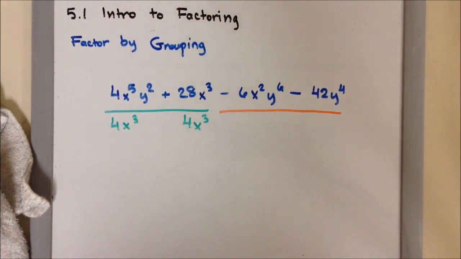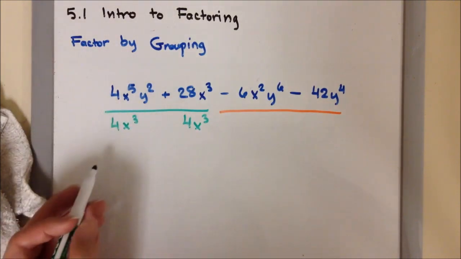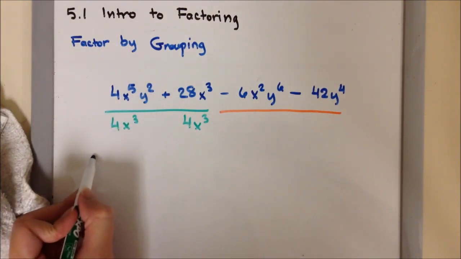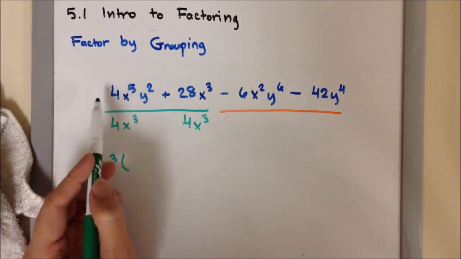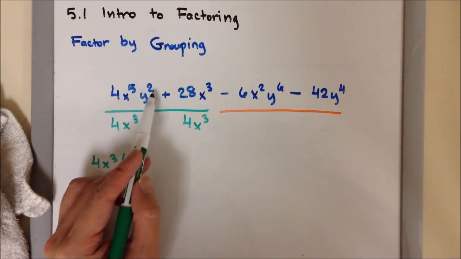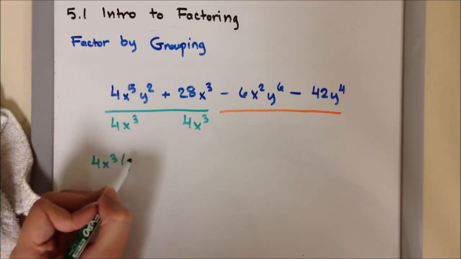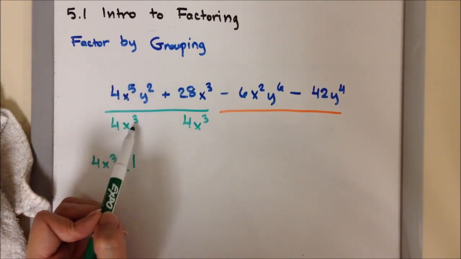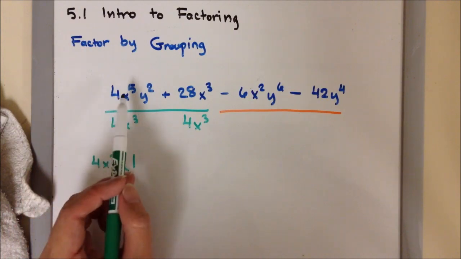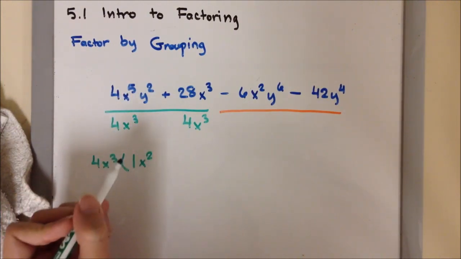Now, when I divide by 4x to the 3rd, my GCF will be outside of parentheses. So 4x to the 5th y squared divided by 4x to the 3rd: the 4 divided by 4 is just 1. X to the 5th divided by x to the 3rd, so don't forget 5 minus 3, that would be x squared.